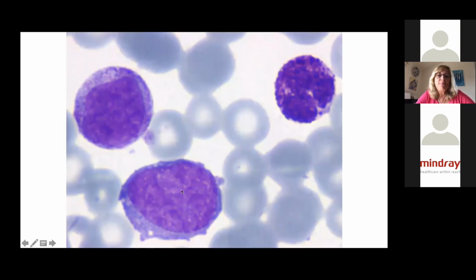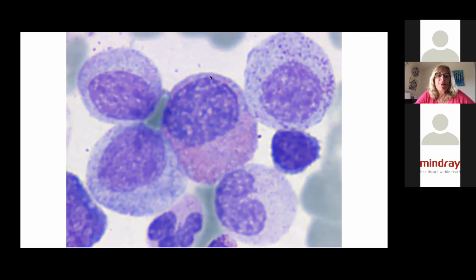Here we have a blast, promyelocyte, and basophil. If we have a high number of leukocytes, immature granulocytes, a high number of basophils, and some blasts circulating in peripheral blood, this is very suggestive of a chronic myeloid leukemia.